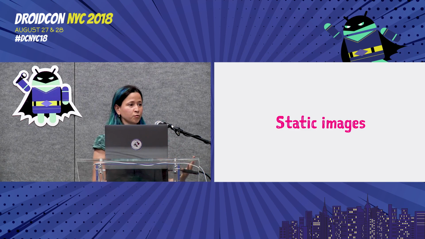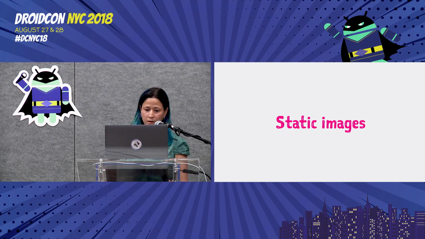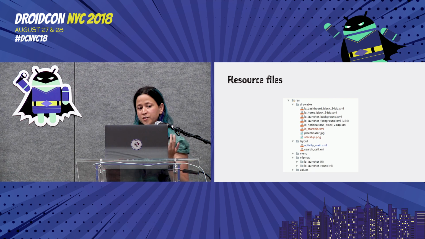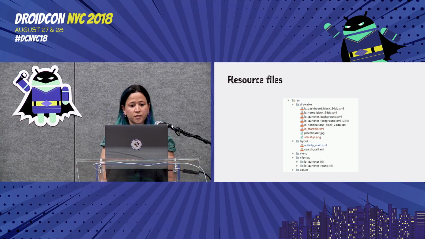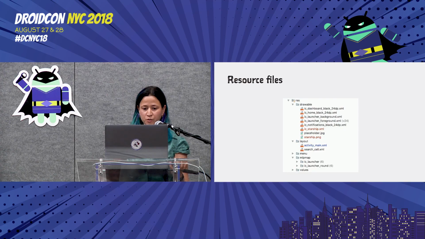And the other side, which we'll talk about later, is dynamic images that are being fetched from the internet dynamically. So static images live in resource files. They live either as XMLs or as the original JPEG or PNG or any other format that we would want to use here.